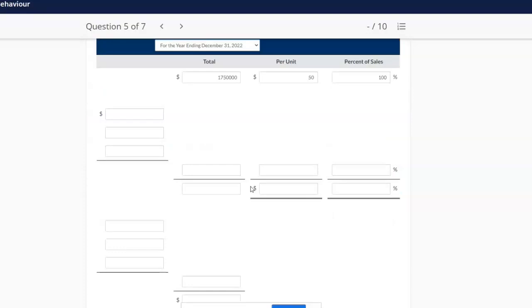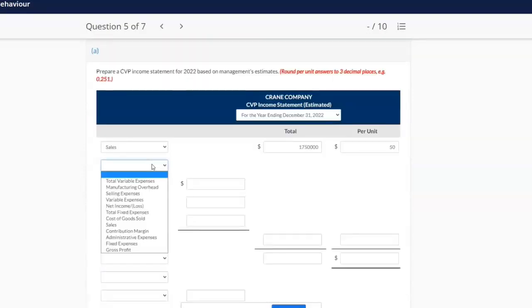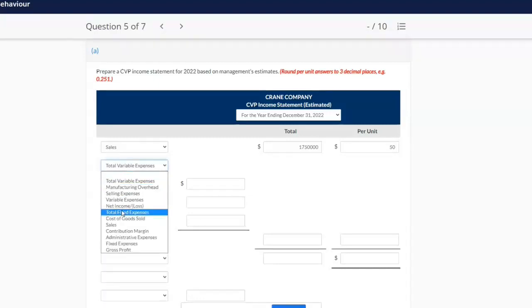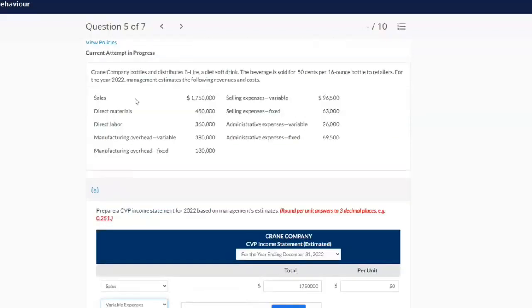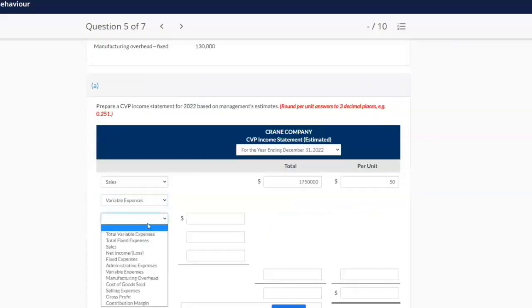Now variable costs. Now you have to list the variable costs. We take the total here or here? No, you list them. What's the first variable cost? We have direct material, direct labor. Those two are variable costs.